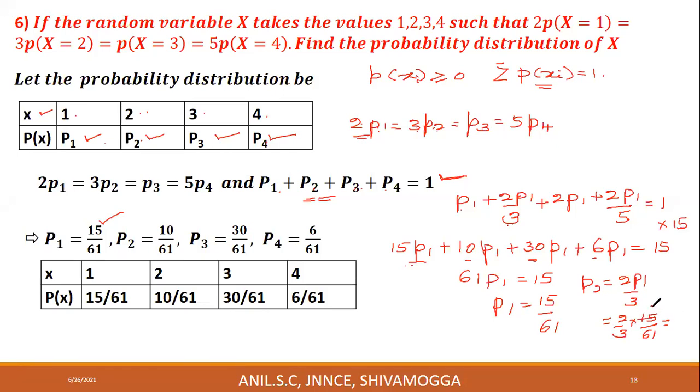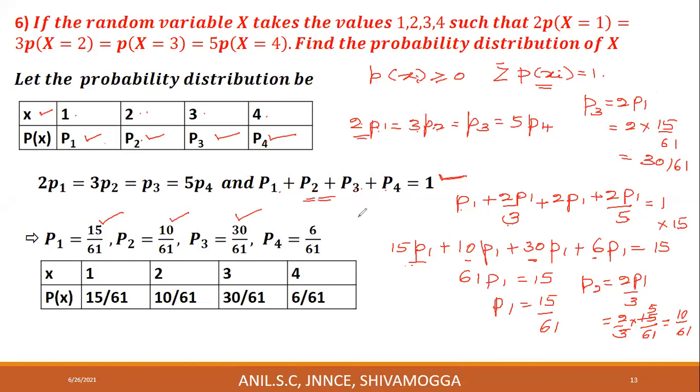How many times? 5 times. 5 into 2, 10 divided by 61. So p2 is 10 divided by 61. And p3 is equal to 2p1. That means 2 into 15 divided by 61, which is 30 divided by 61.